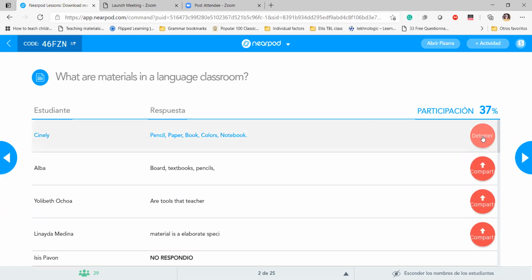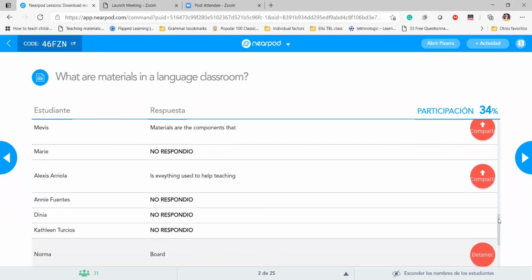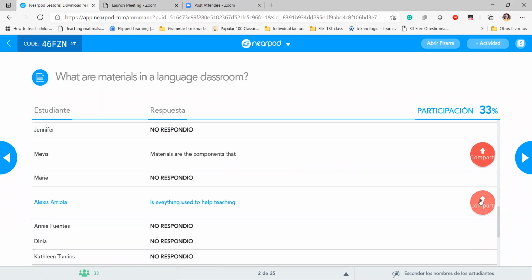Sanelli says pencil, paper, book, colors, notebooks. Okay, I see here. Bessie says tools that we use as teachers to help the learning process. Okay, Norma says the board can also be a tool. And Alexi says that it's everything used to help teaching.